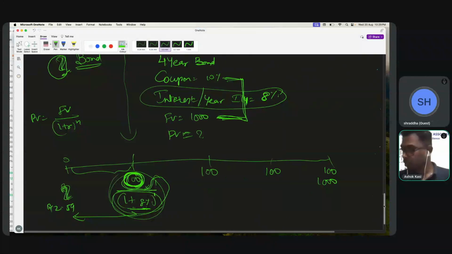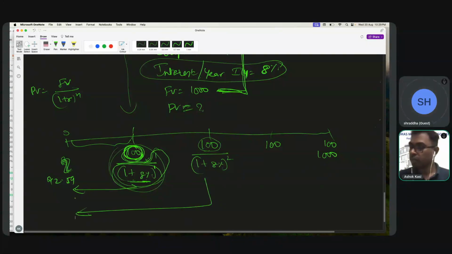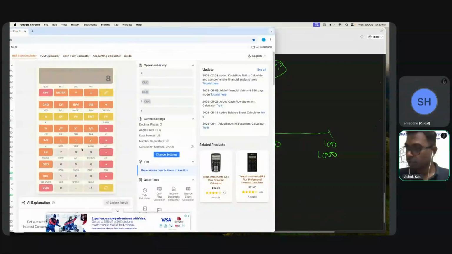Then the second one, this I'm going to get after 2 years. So what is the present value? Again I'm going to discount it for 2 years. So how do I calculate this? Again, I'll solve the denominator first, from the ending: 8% plus 1, raised to 2, equal to.